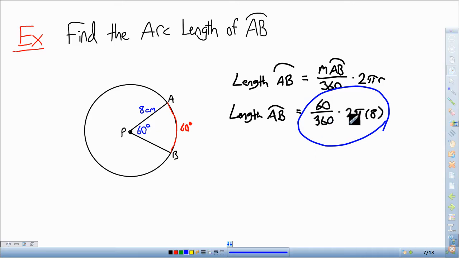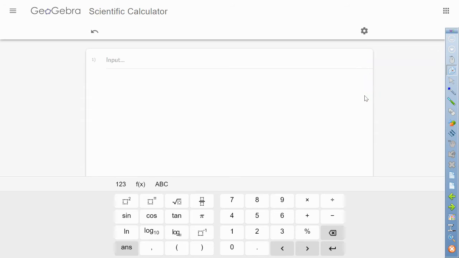We're basically going to plug it in just like this. We'll see if we need to do anything special as far as parentheses or whatnot. So 60 divided by 360. Clear out your calculator. 60 divided by 360.